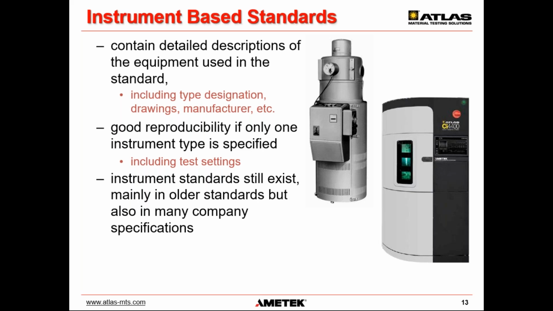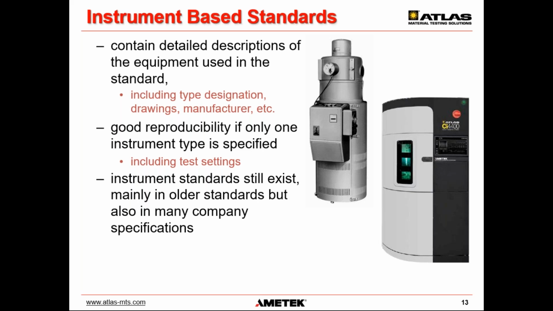These methods, as opposed to performance-based standards, provide very good reproducibility if only one instrument type is specified. With this type of specification, settings and control parameters which are unique to specific instrument types are included in the standard, thus making these standards much easier for users to follow and to use.